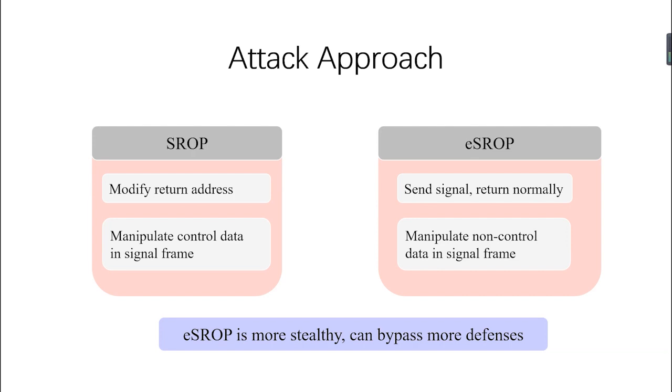Meanwhile, SROP modifies the control data in the signal frame. However, eSROP only changes non-control data, so eSROP can bypass more defenses.